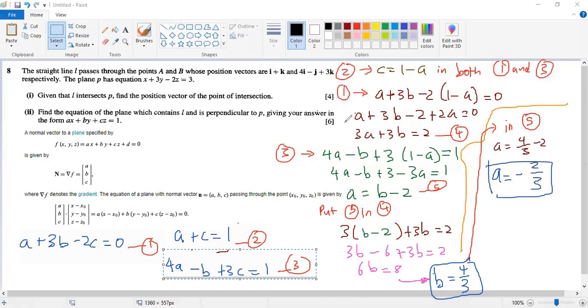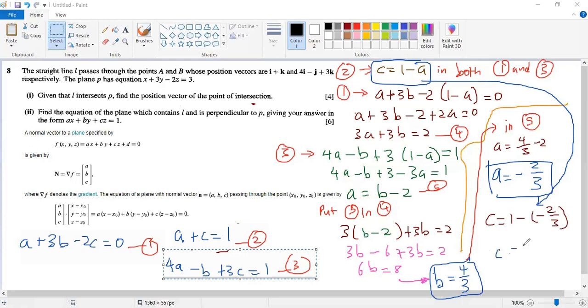Then we can put this back in the equation c is 1 minus a. Let's calculate that also. Placing a as negative, it becomes a plus. So in terms of an improper fraction, c would be 5 over 3.